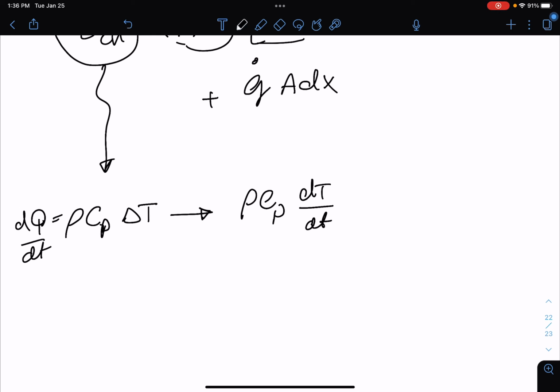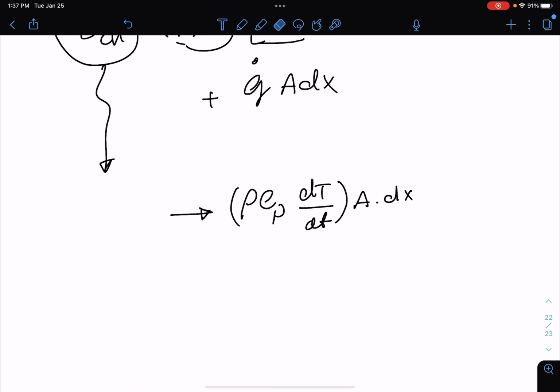And this is also talking about the heat rate at one point. We are looking at the total heat rate over the volume of the control volume. So we have to multiply this by the cross-sectional area multiplied by dx. Does this make sense? Okay.